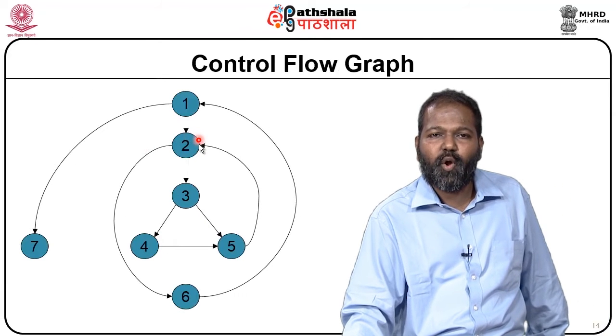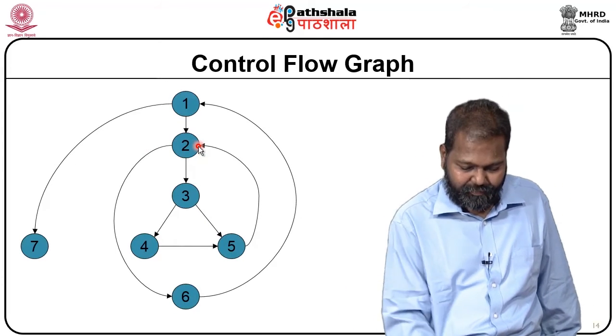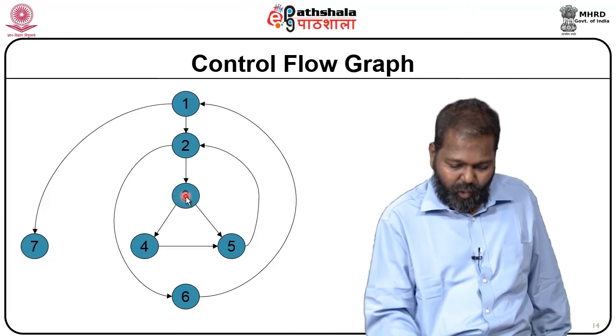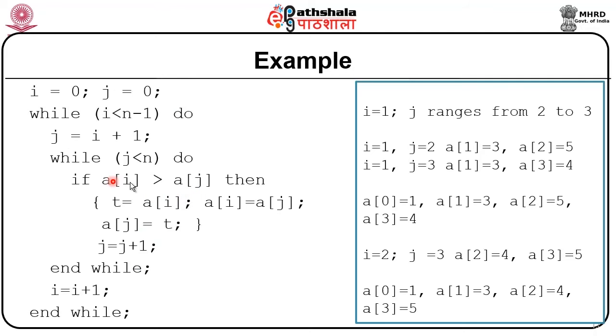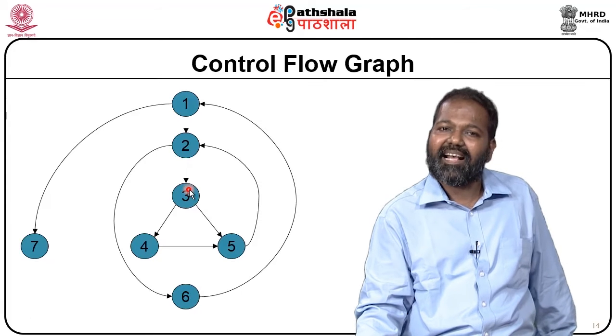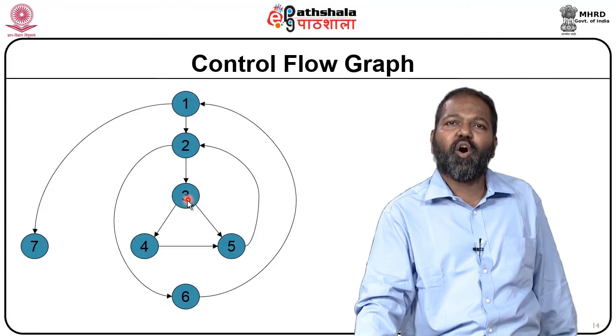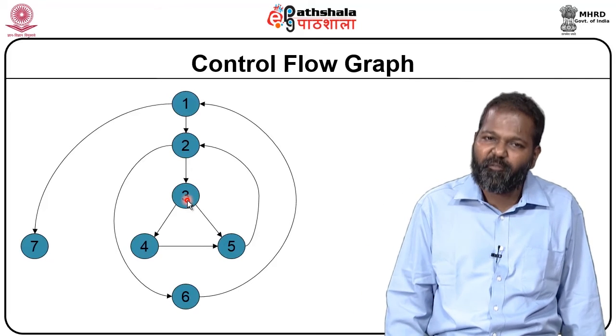Next, node 2 denotes the while loop while j less than n. Node 3 denotes the if statement, if a[i] greater than a[j]. As stated already, when you have an if, there are two outcomes, true or false.